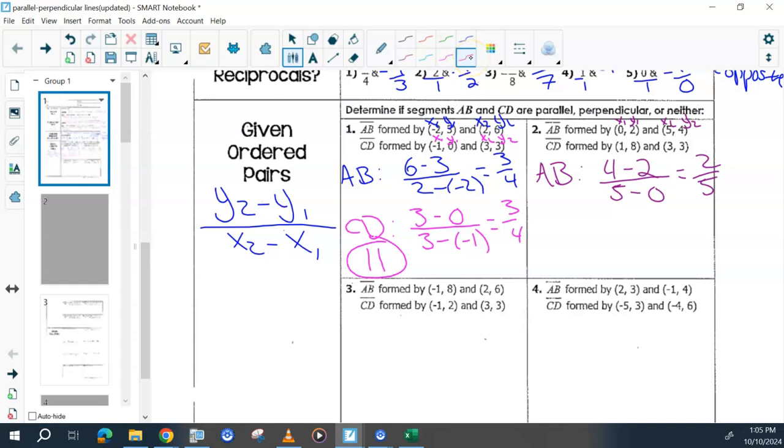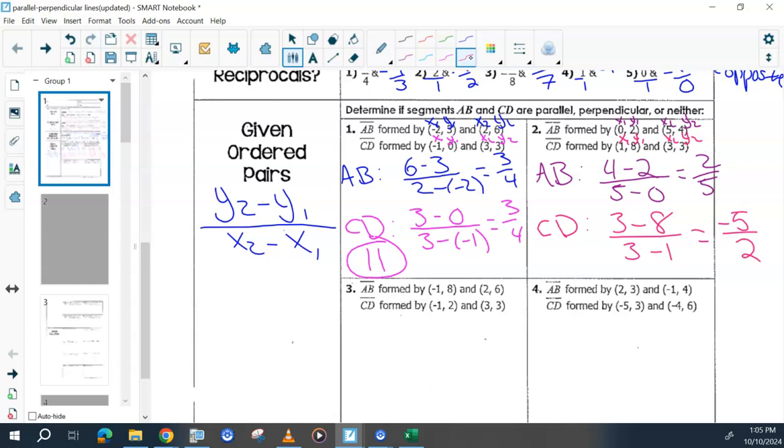And then do the same thing for CD: 3 minus 8 over 3 minus 1. Negative 5 over positive 2. 3 minus 1 would be a positive, but this would be a negative.